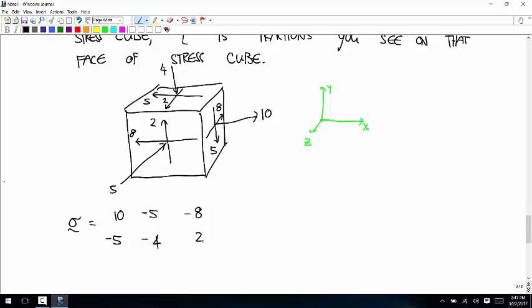The next one is the XY. Yeah, XY. I was just looking at them wrong. So the Y one is the -5. And then Z. So this is -5, and then -8, +2, and -5.